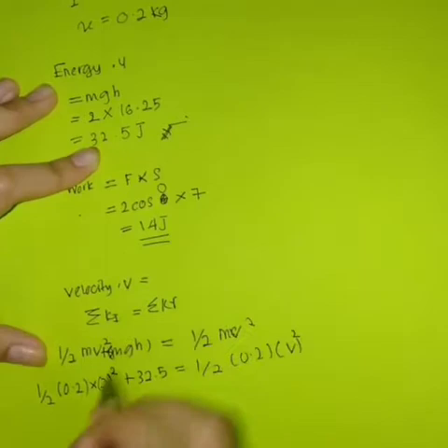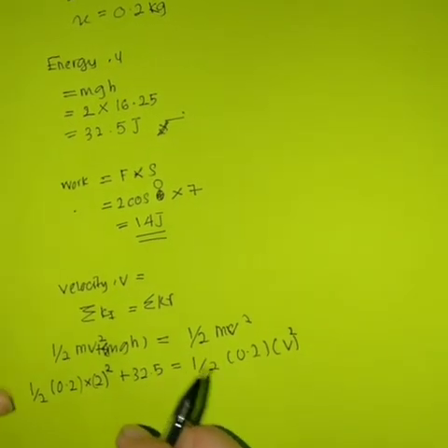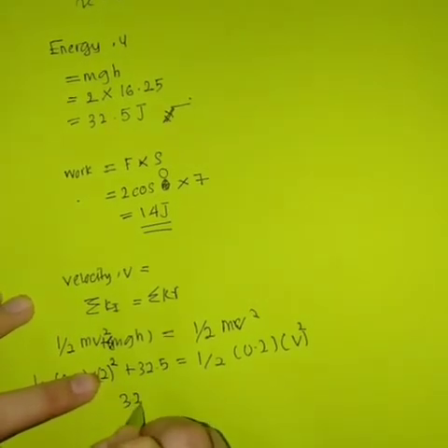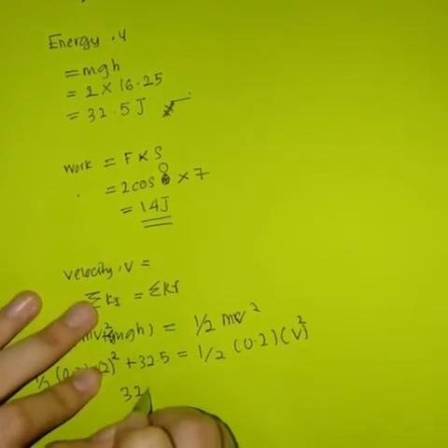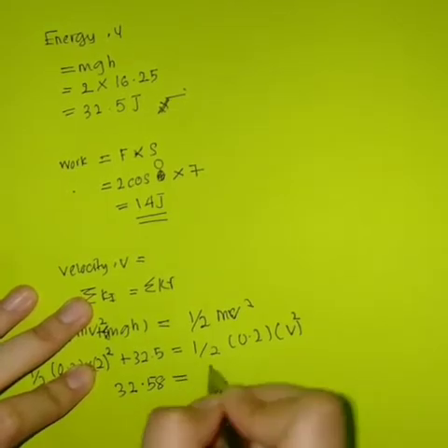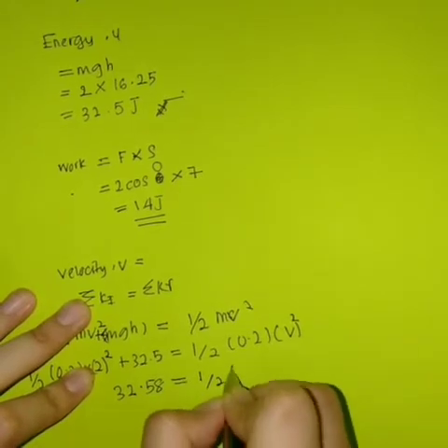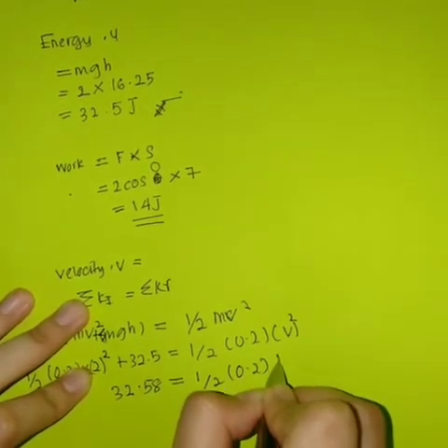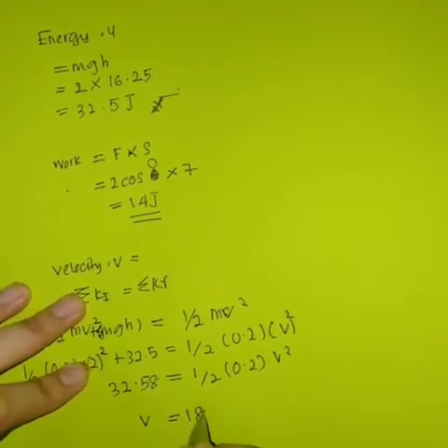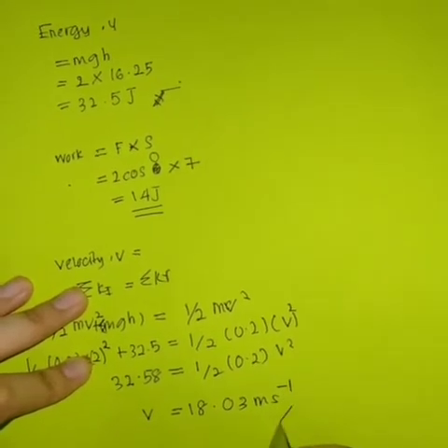So for the left side we get 32.58, and for the right side, so for the V we get 18.03 ms negative 1. So we done.